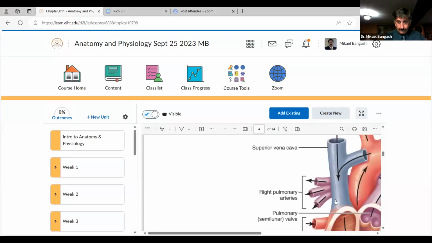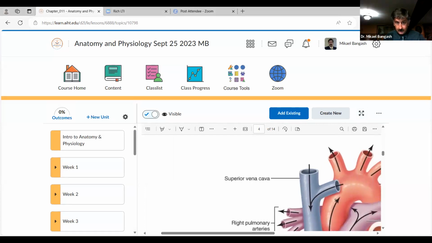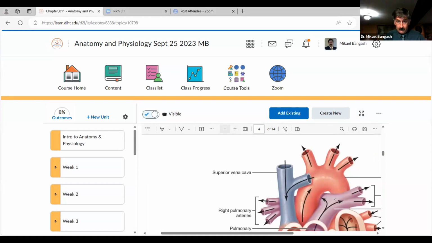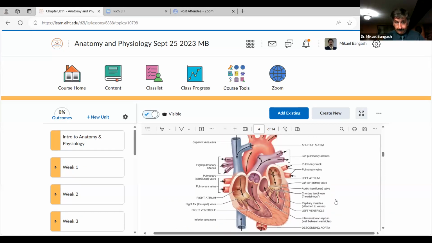And now it doesn't want to enlarge. Maybe we should just go on this one then. That's fine.